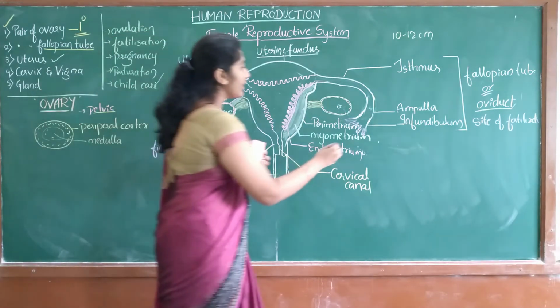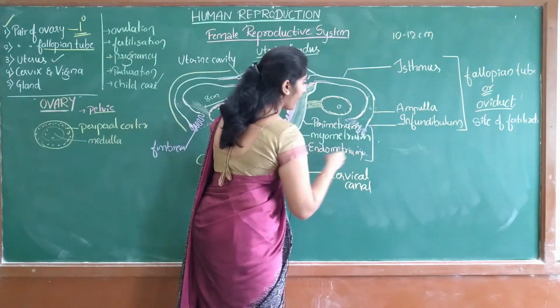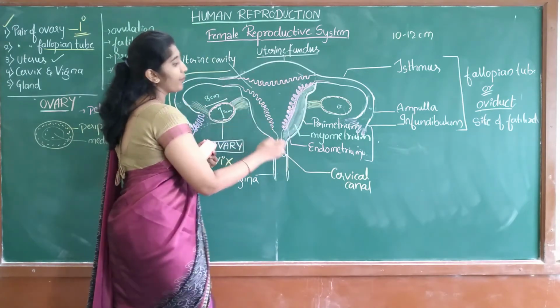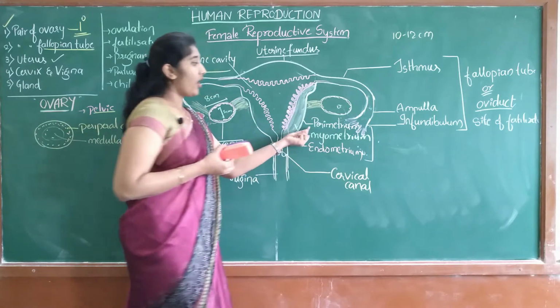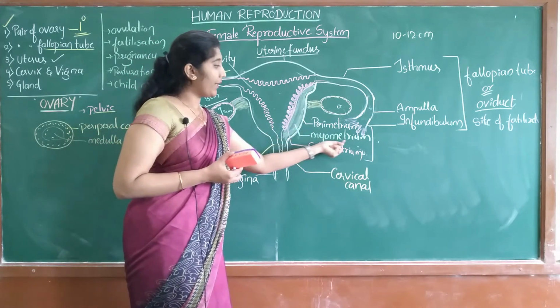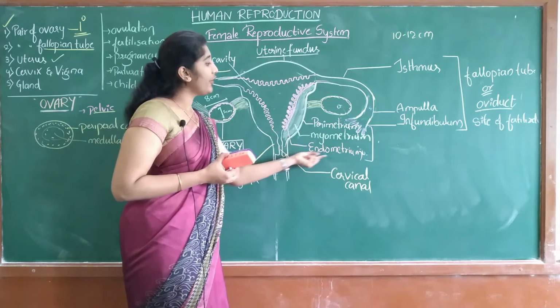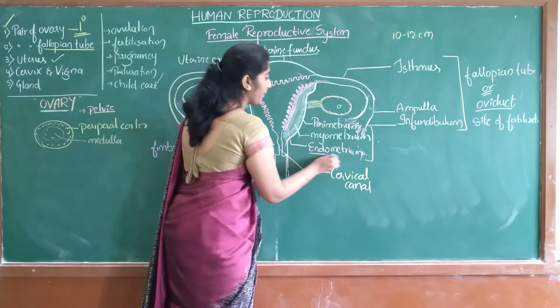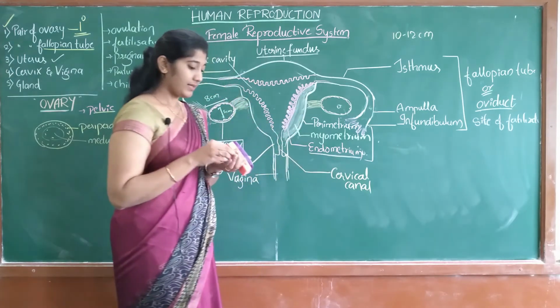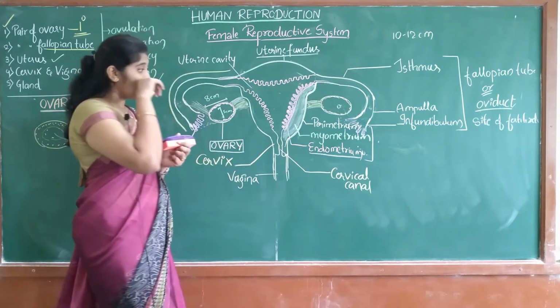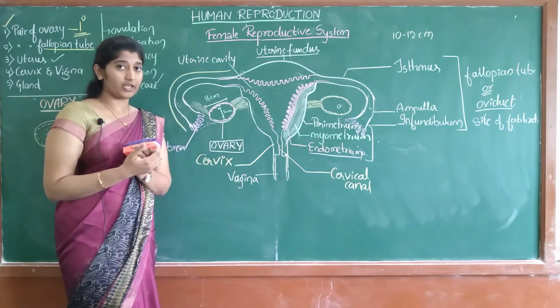Okay, so these three are the layers of the uterus. The uterus is made up of these three layers. Outermost is perimetrium, the middle one is myometrium, and the innermost is endometrium. And remember, the thickness of the endometrium differs cyclically during the menstrual cycle, which is the concept you are going to study in the further classes.